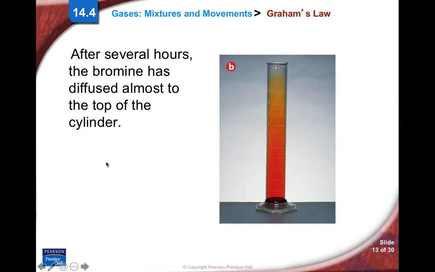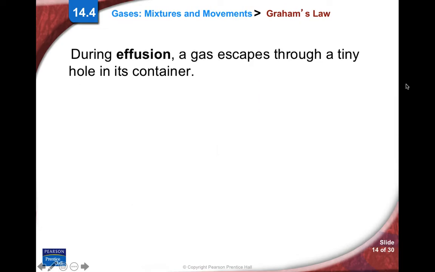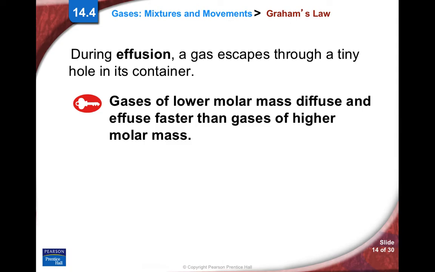And honestly, eventually it will leave the container if we wait long enough. Effusion, on the other hand, is moving through a tiny opening, a little hole in a barrier. Those bouncing gas molecules get through that hole and can get out.